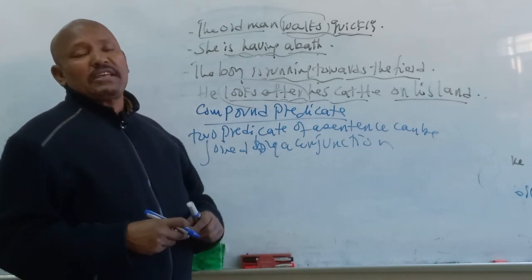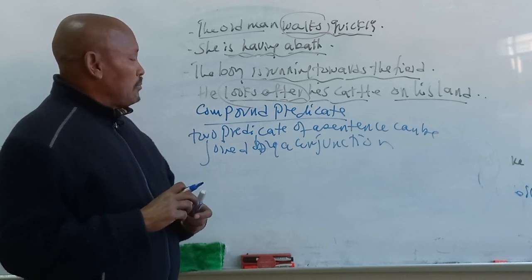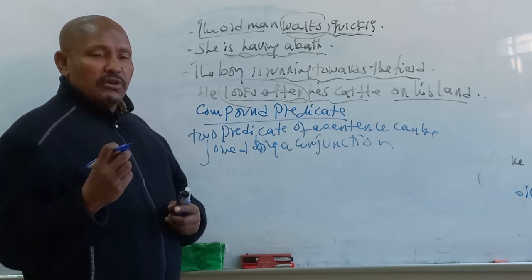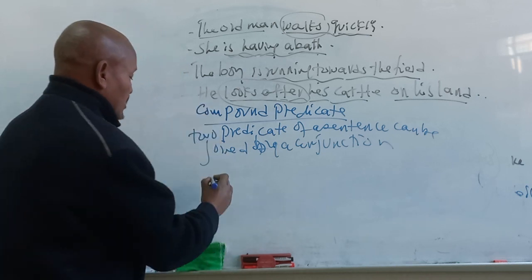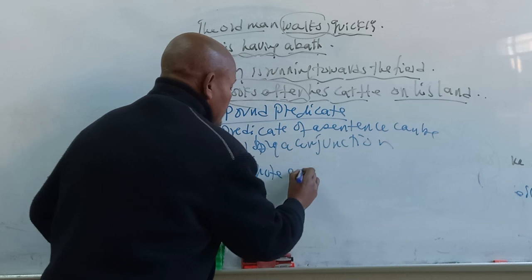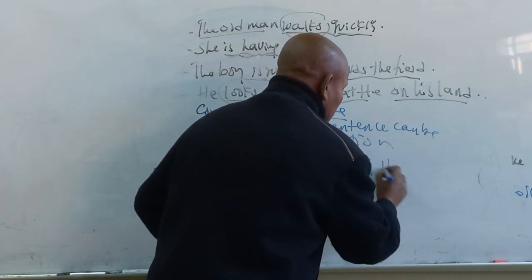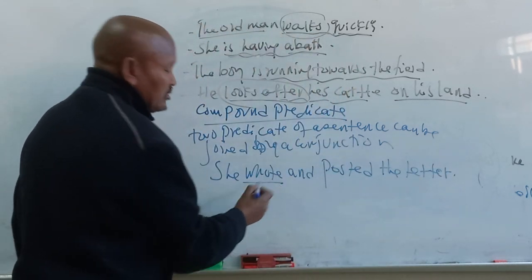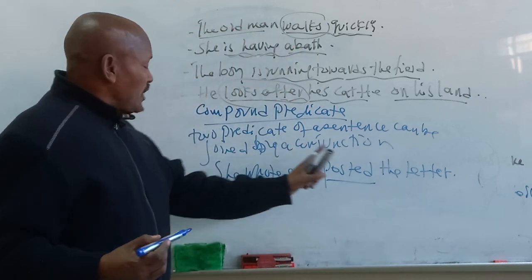Compound predicate ብለን እናስቀምጣለን። ሁለት የአረፍተ ነገሮቹ ፕሬዲኬቶች በአያያዝ ቃል ተያይዘው ሲመጡ compound predicate ነው። ለምሳሌ she wrote and posted the letter. Look at this example: she wrote is one predicate and posted is another.